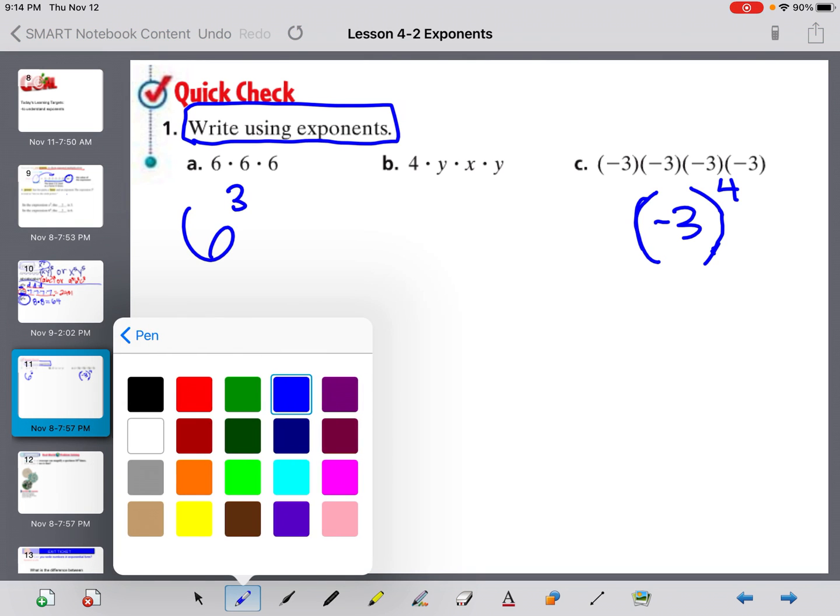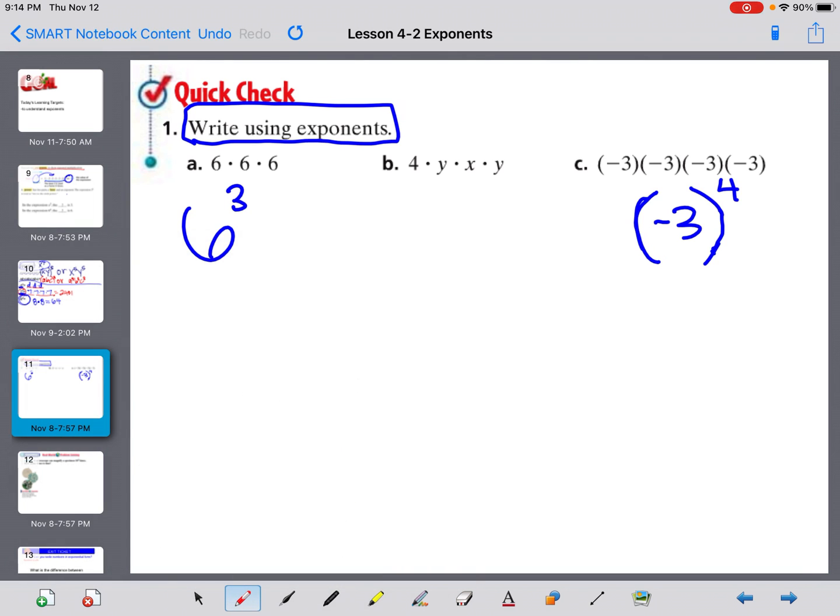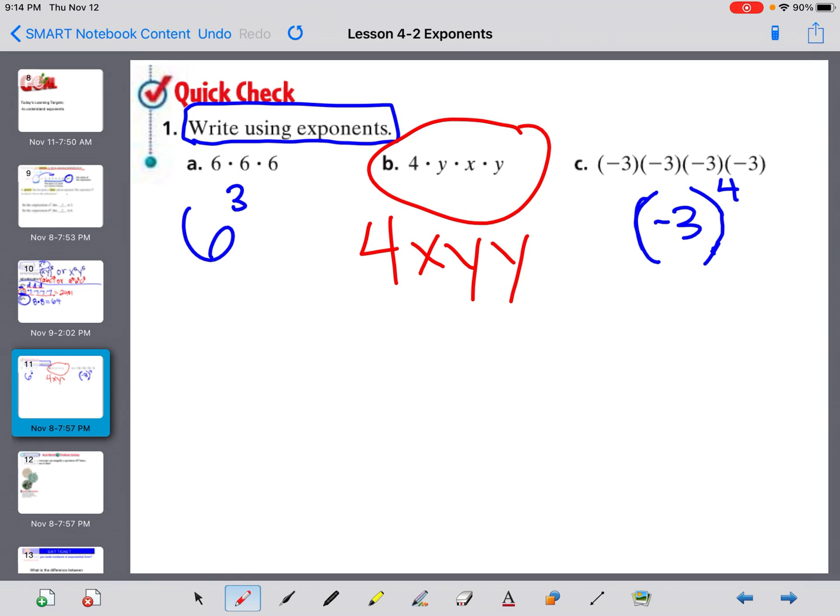Back to the middle one. Here's something I didn't tell you yet. Good news, you're watching, you're learning something. In these types of problems, when there's a number and several variables, you put the number first and then the variables in alphabetical order.